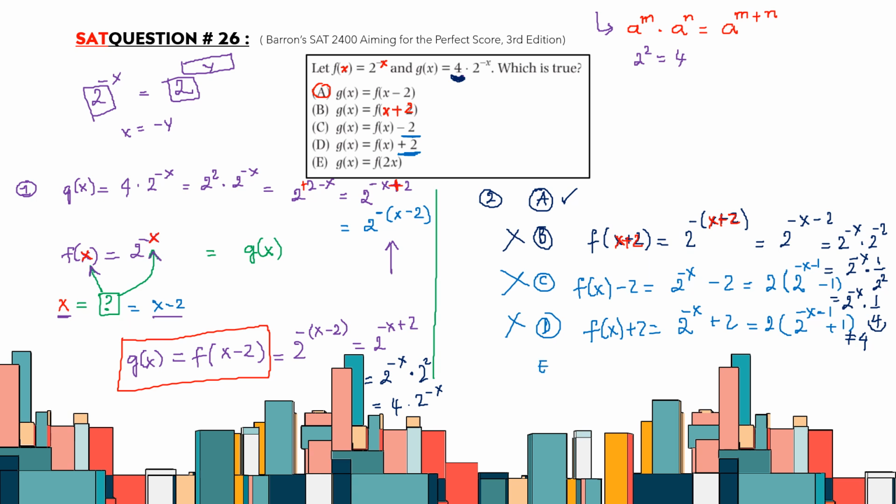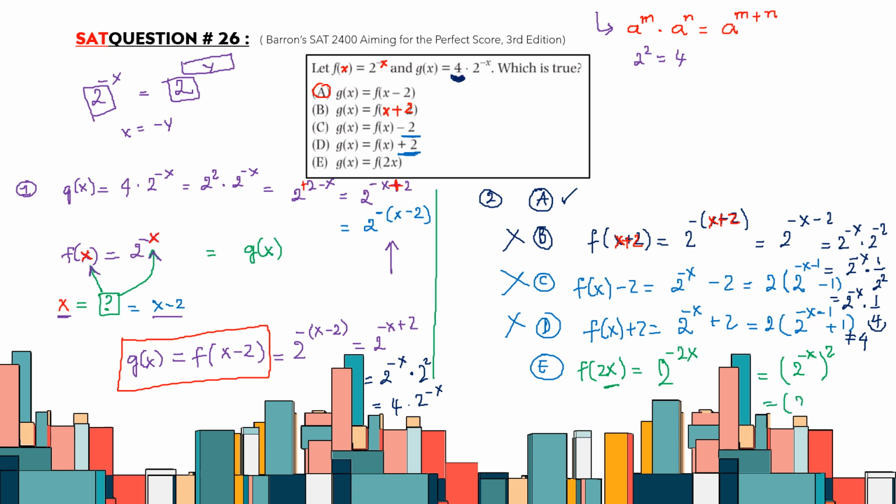E, let's try E. So we have f of 2x. f of x is 2 to the power of minus x. So now x becomes 2x. If we write it as 2 to the power of minus x, that will be squared.